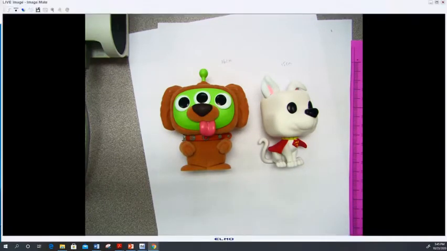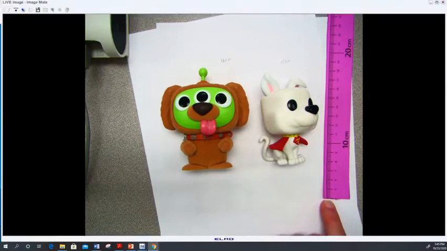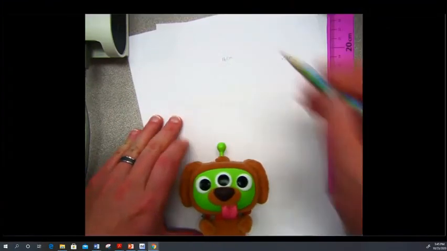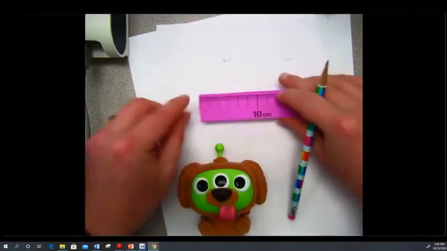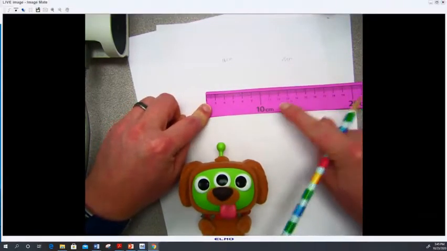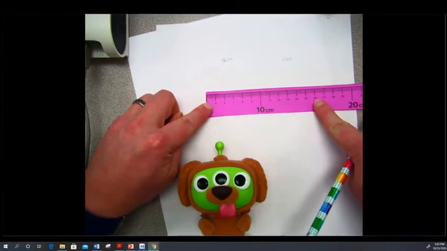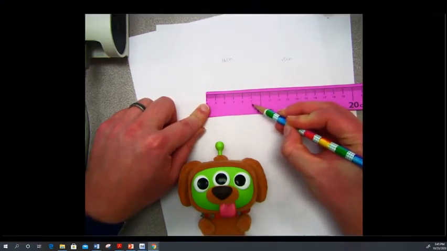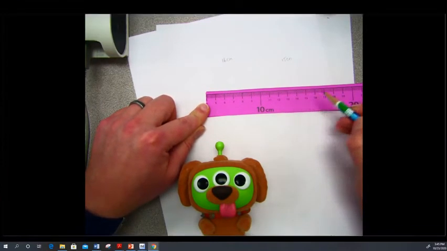No, it's not, because our ruler isn't starting at 0, it starts at 4. So to find out how tall Doug actually is, we can do one of 2 things. We can start at 4 and count how many centimeters between the 4 and the 16: 1, 2, 3, 4, 5, 6, 7, 8, 9, 10, 11, 12.